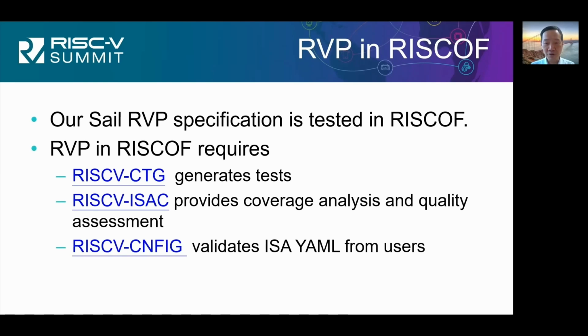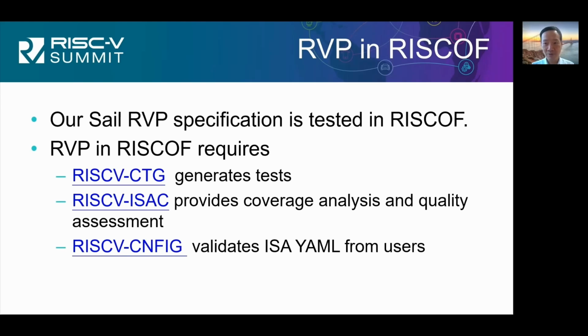So in addition to RISC-V test cases, we also have a flow for RISC-V. In order to use RISC-V to test our specification, we need to have RVP support in RISC-V. And for that, there is a repository for this configuration file for RISC-V.